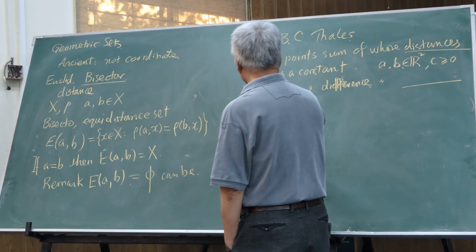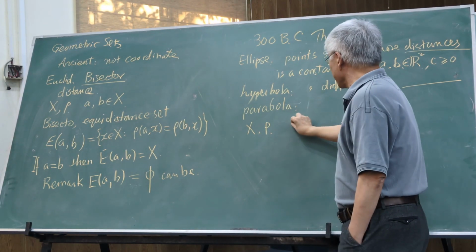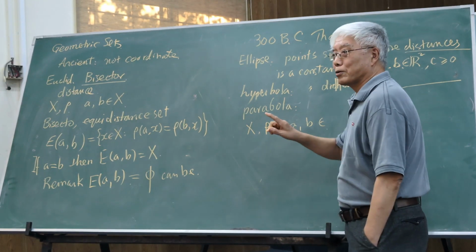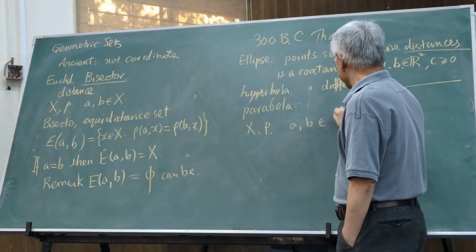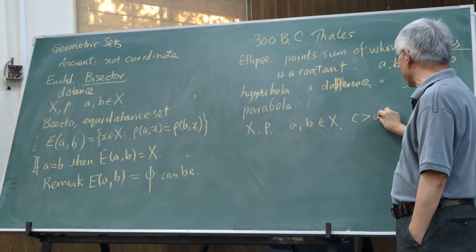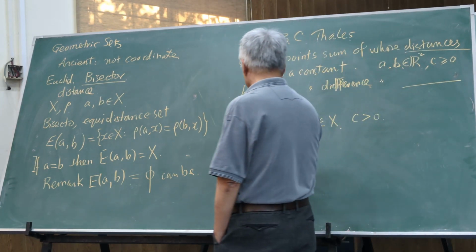So now X is a metric space with distance function rho, and A, B are 2 points. We are not going to define parabola yet. And C, let us assume, is a positive real number. Then we can rewrite the names.